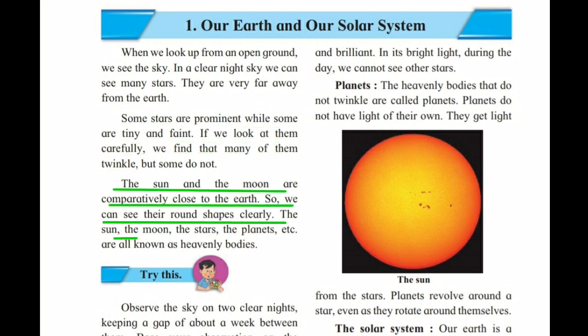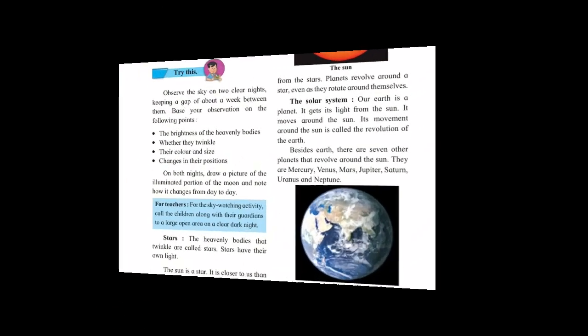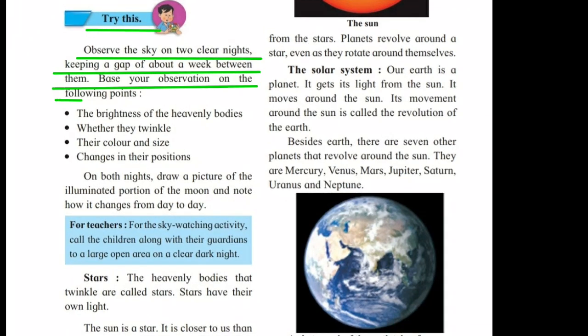The sun and the moon are comparatively close to the earth, so we can see their round shapes clearly. The sun, the moon, the stars, the planets, etc., are all known as heavenly bodies. Try this. Observe the sky on 2 clear nights, keeping a gap of about a week between them.